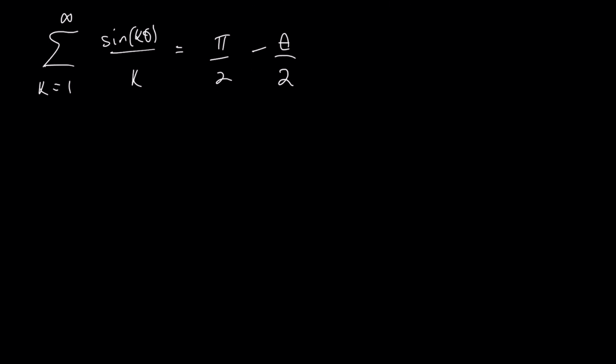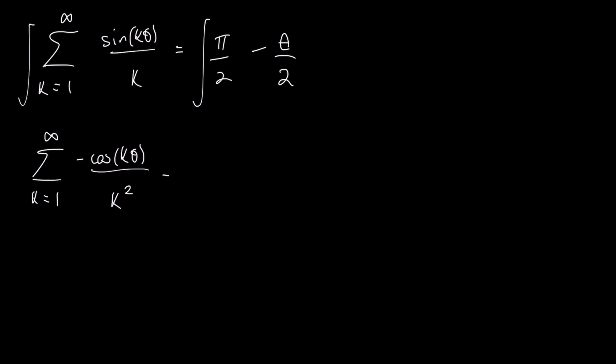And now from here, we will integrate both sides with respect to theta. Now we're going to have the sum from 1 to infinity of negative cosine k theta over k squared is equal to pi over 2 times theta, minus theta squared over 4, plus some constant.